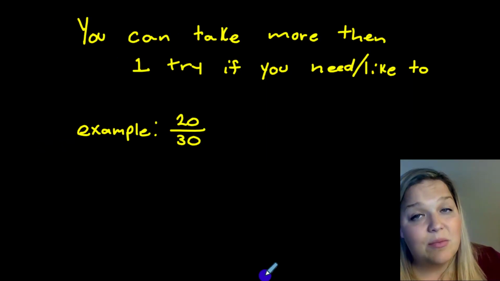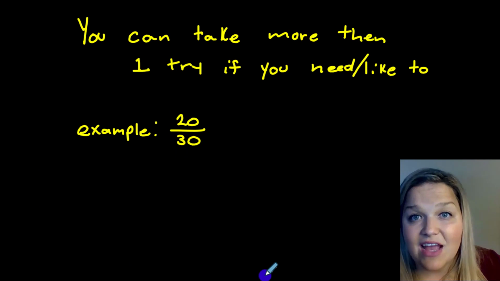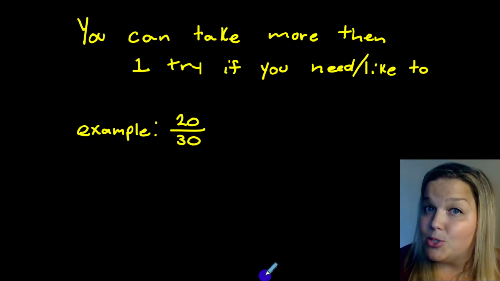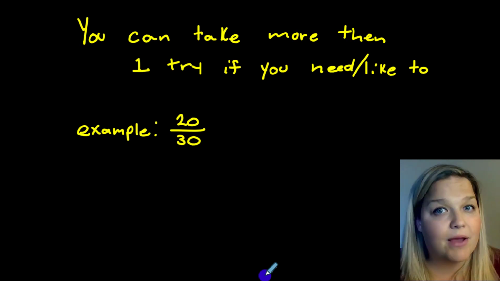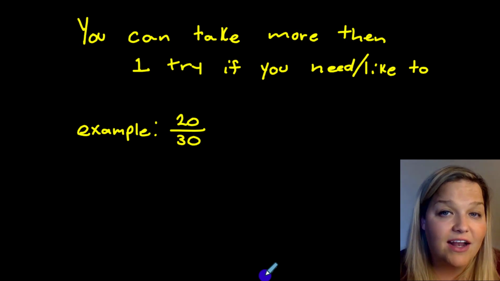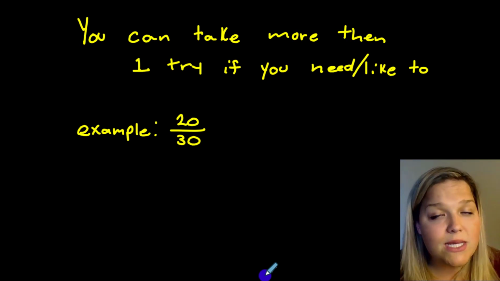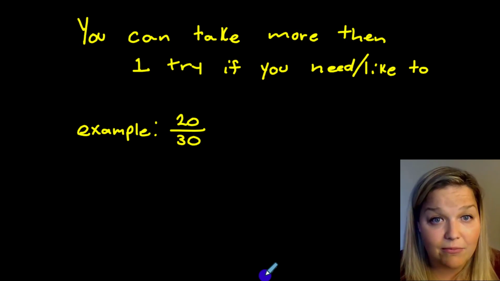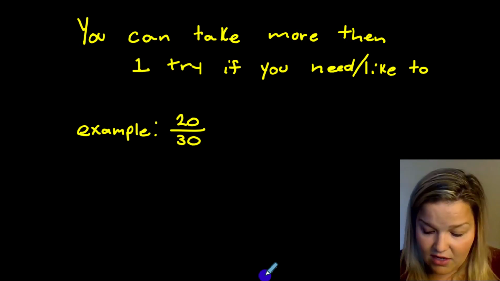Now, some of us might not reduce by the greatest common factor on the first try. You might reduce by dividing top and bottom by the same quantity, but you didn't get to lowest terms. I want to do an example of that because that's okay. You just always have to check your numerator and denominator to make sure there are no more common factors you can divide by.